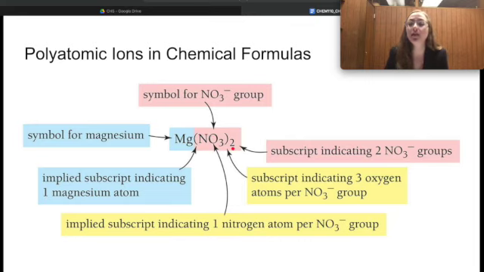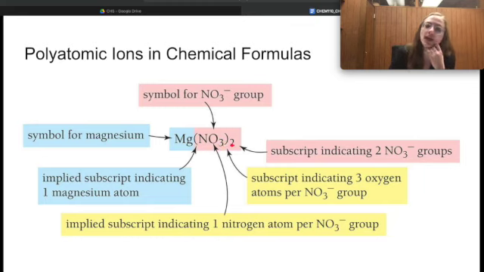So you could almost even consider it a multiplication if you don't want to think about the copies, okay? So you might think of it as all these copies of NO3. Or if you want to do something a little bit more quickly, or if you're more mathy, you might think, okay, nitrogen has an implied subscript of 1, so I've got 2 times 1 nitrogen atoms, okay? 2 nitrogen atoms.